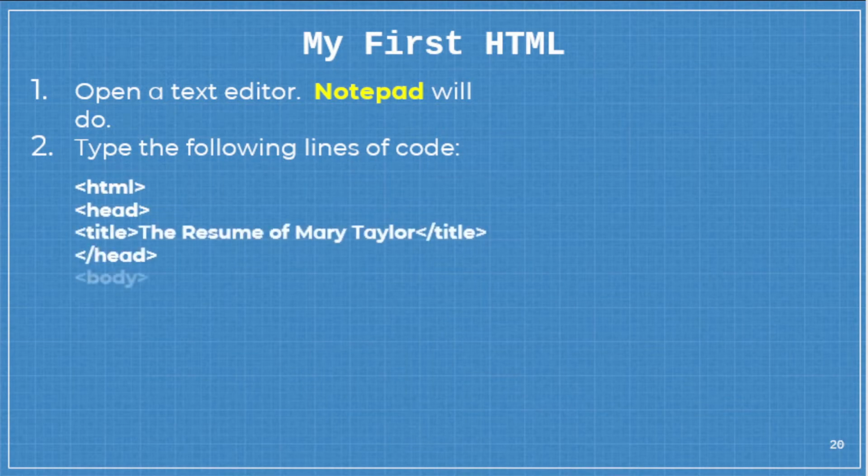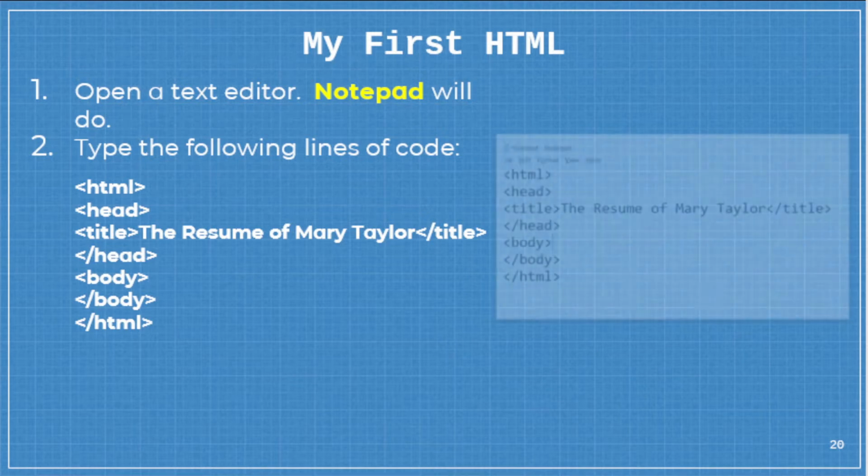We have HTML, head, title, then the text for the title, then /title, /head, body, /body, /HTML. At this point you may want to hit the pause button so you can type this in your Notepad. So why don't you do that now?